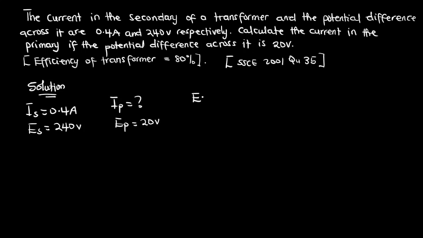Remember, we're given that the efficiency is equal to 80%. Now if I look at this, the voltage in the primary is 20, the voltage in the secondary is 240. It means that the transformer was supplied a lower voltage to produce a higher voltage, which is what we call a step-up transformer. All right, so let's look at the solution to this particular problem.